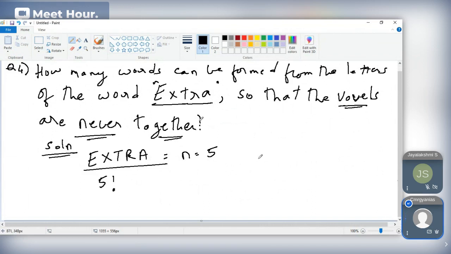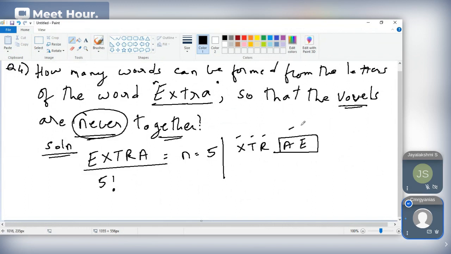Now we'll do one thing. Let us keep the vowels together and find out vowels together. Here they're asking vowels are not together, but we are doing vowels together. So this is 1, 2, 3, 4, this is equal to 4 factorial.